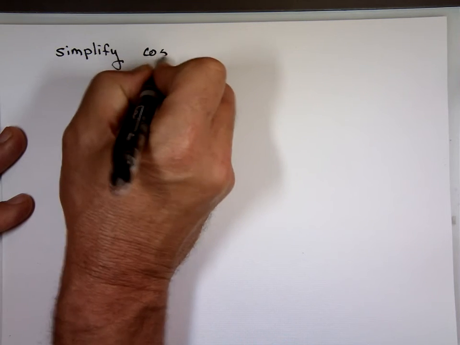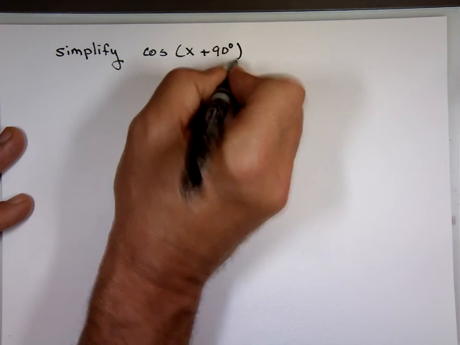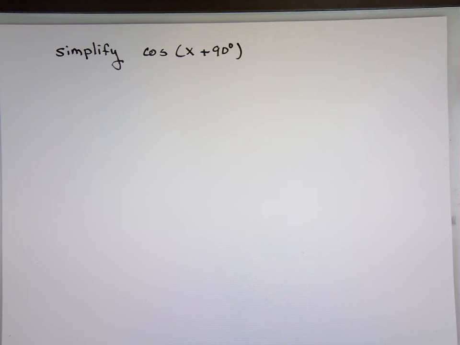Cosine x plus 90 degrees. See if your calculator does that. I decided not to give him numbers. I don't know if I'd be able to do that. Good. See that? I got him. So I got to break it down.